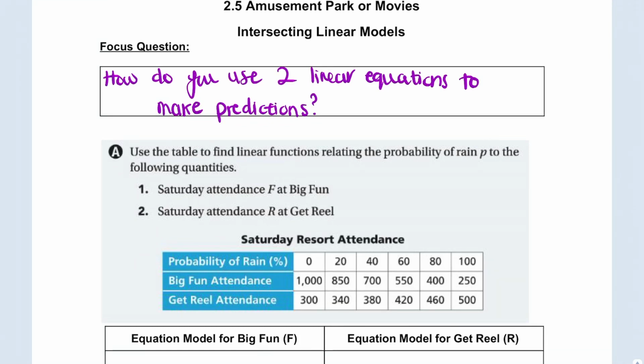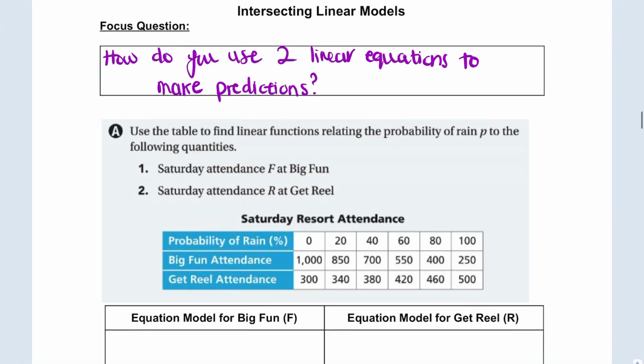Okay, so first thing to note is that they actually define the variables that they want us to use. So they say that P is the probability of rain, which is a column or a row in the table here.